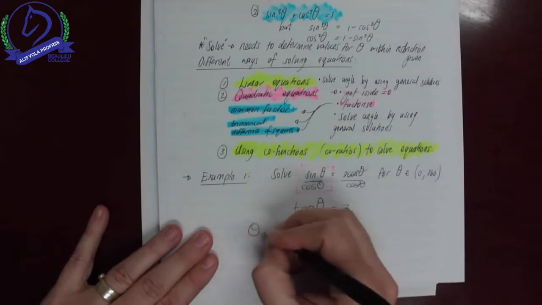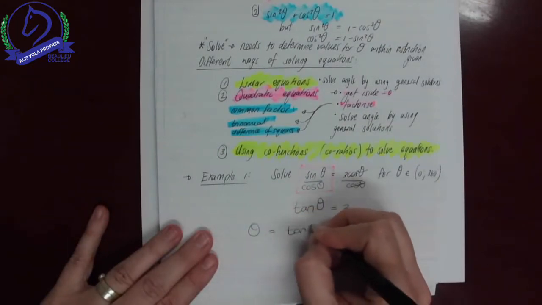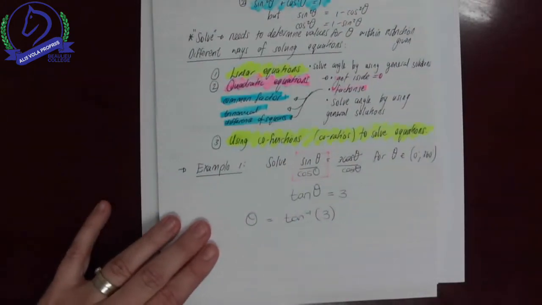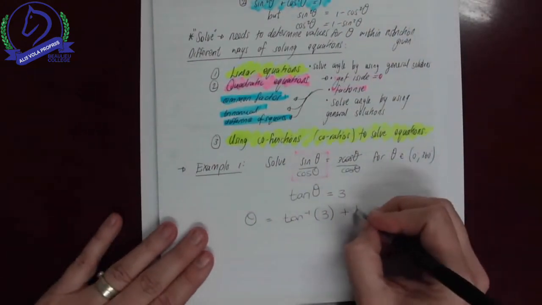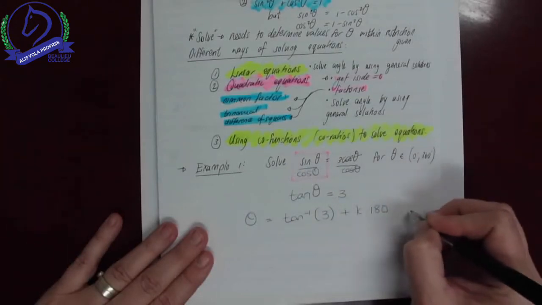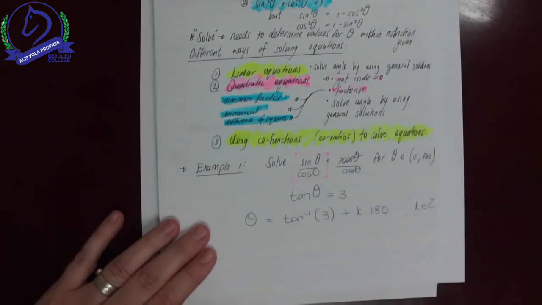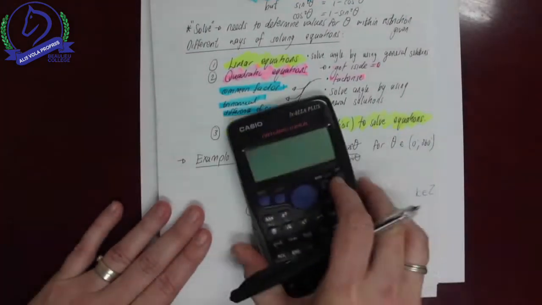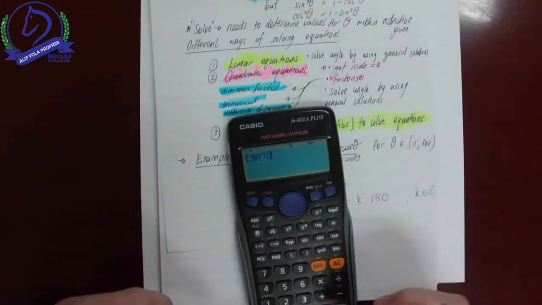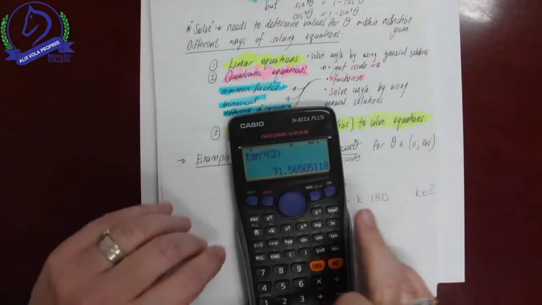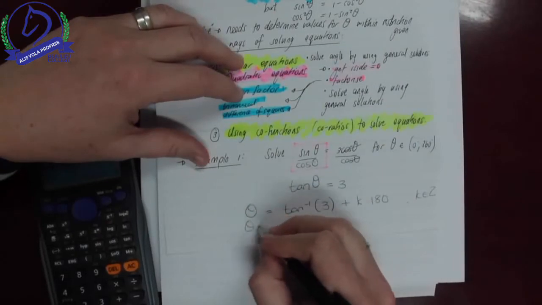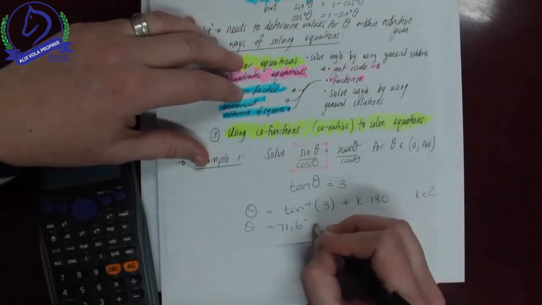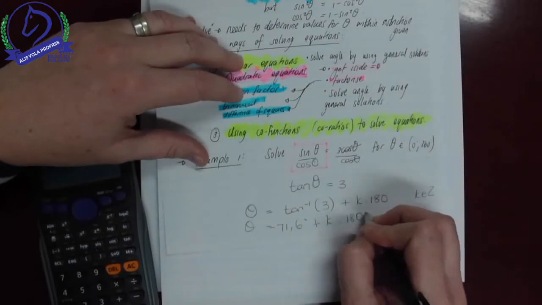So I can say theta is the shift of tan of 3. And what do I know about the general solution? I know it's plus k times 180, where k is part of the integers. Okay, so using my calculator, I am now going to say shift tan 3, I get theta then is 71.6 plus k times 180.